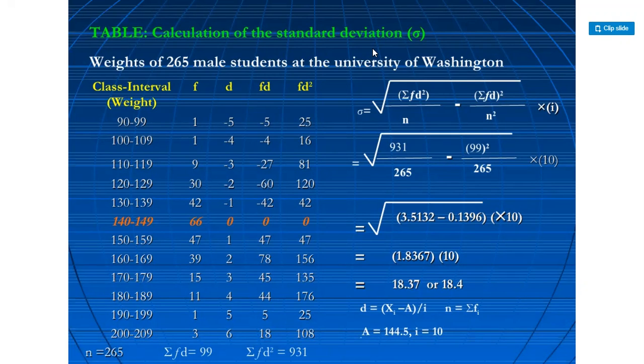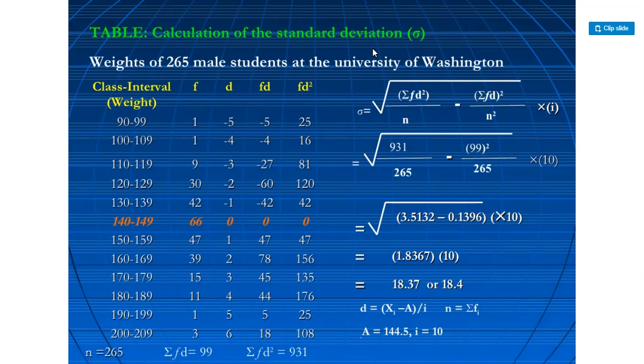Now we have to find out d. d is given by the formula m minus A, where A is the assumed figure. First of all, we find the mid values, and from the mid values we assume any figure. Then we subtract that assumed figure from all the midpoints.